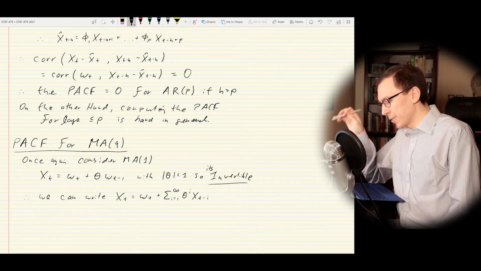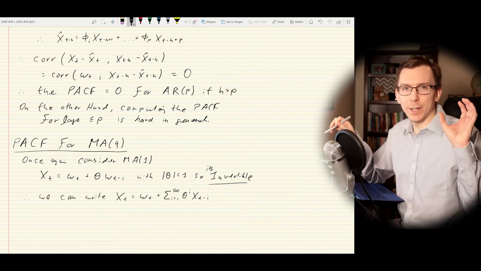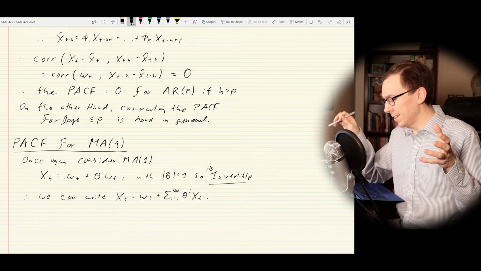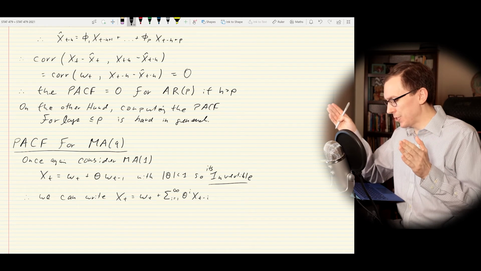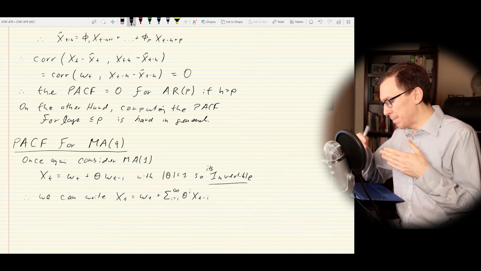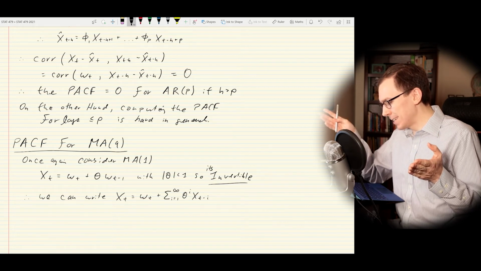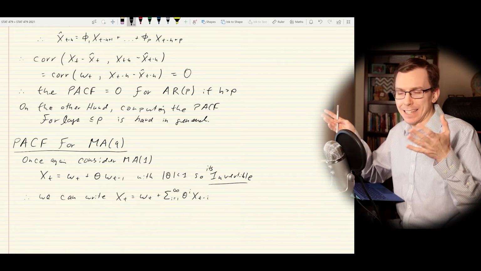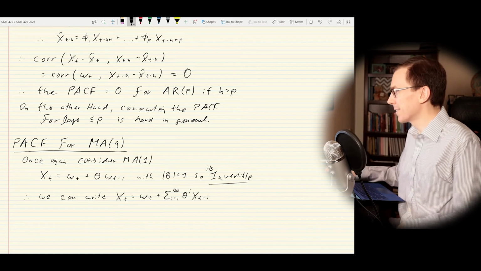So again, the invertible process is saying I can write white noise w_t as an infinite linear combination of my x's going back into the infinite past. All I did was do that, but keep x_t on one side and w_t on the other side.